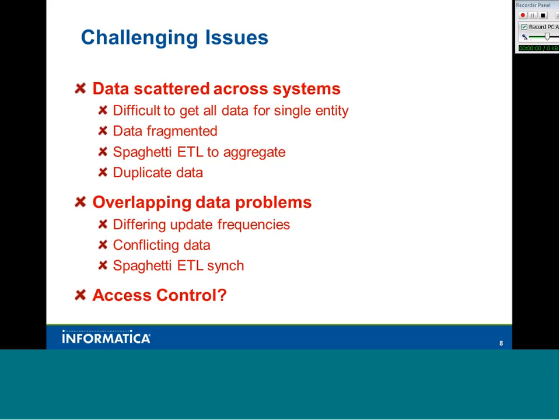Accounting might not have updated information, and CRM might have updated information about a particular entity's name, but might not have the updated information about address. That might be more updated in the CRM system. So these are some challenges. And even if you've updated all these records, who's got the access control so that the data stays uniform in the future once it's been made uniform at a particular slice of time?